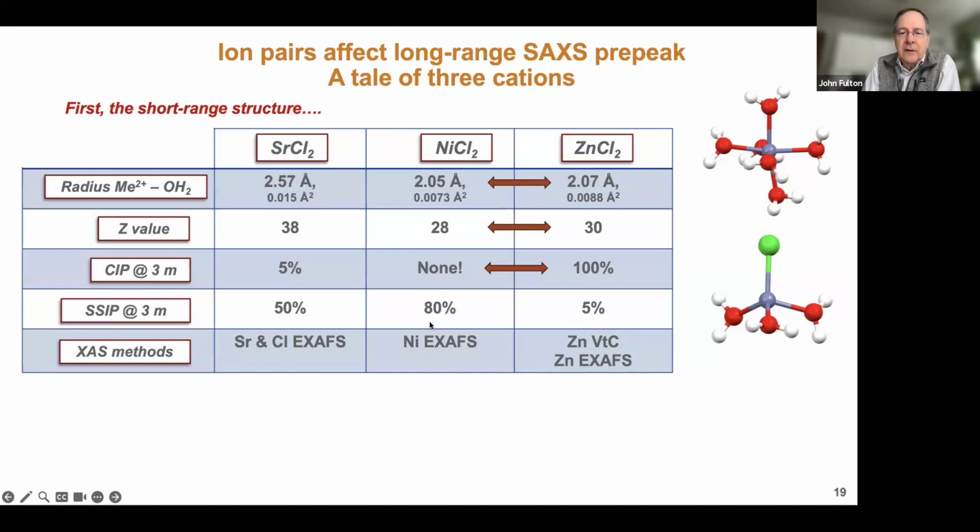The thing that's a bit surprising is that for nickel chloride, at the saturation point, there are no contact ion pairs. And we know that from earlier XAFS studies. Whereas for zinc chloride, there's complete contact ion pairing once you get above about 1 molar. And this comes from XAFS and Raman measurements.